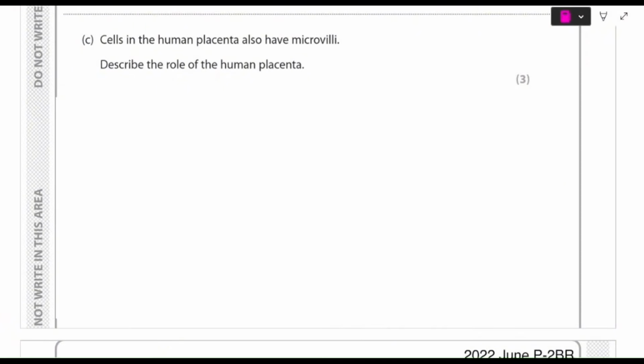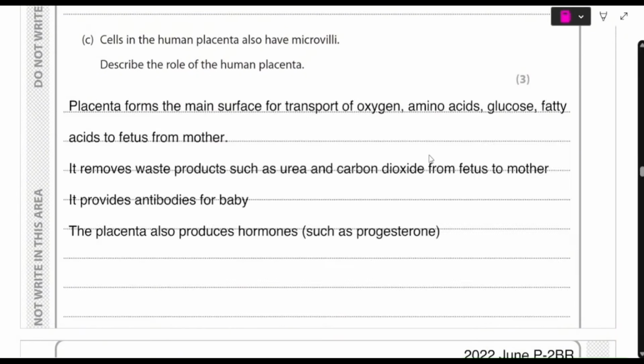Then it also transports antibodies, and it can also produce the hormone progesterone to maintain the uterus lining.